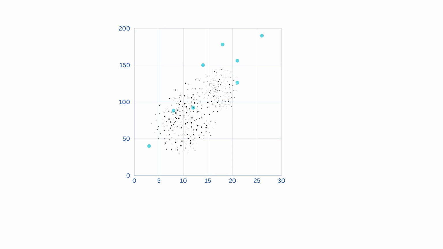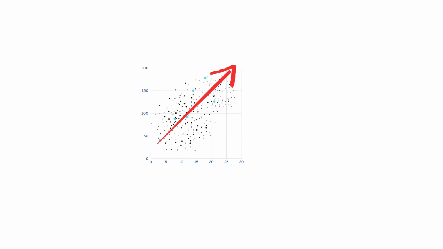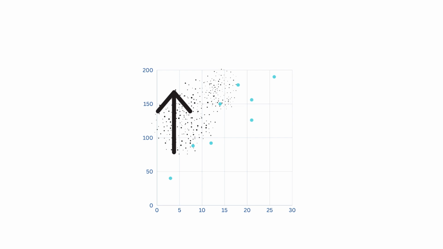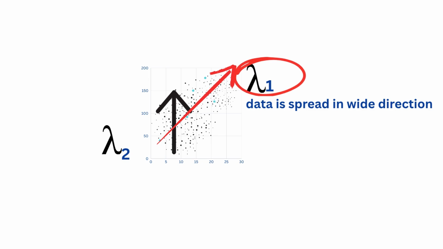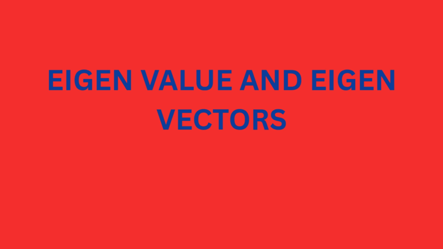Imagine data points being spread widely in one direction, and in some other direction the data spread is relatively shorter in length. The first one, where there is a wide range of spread, has more information. This is where the concept of eigenvectors comes in.